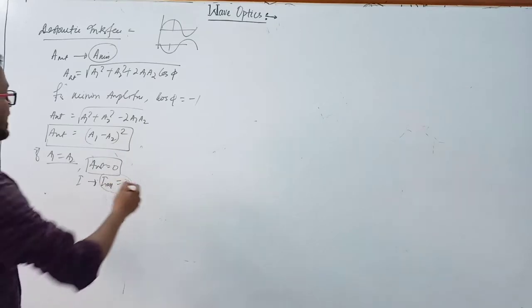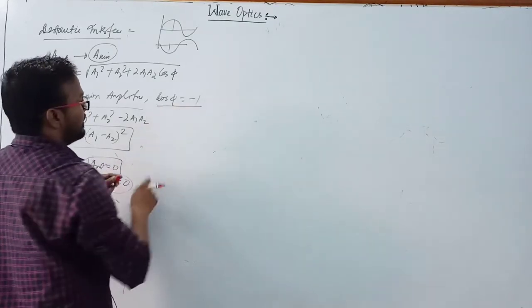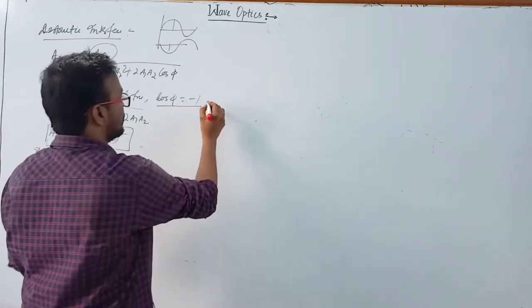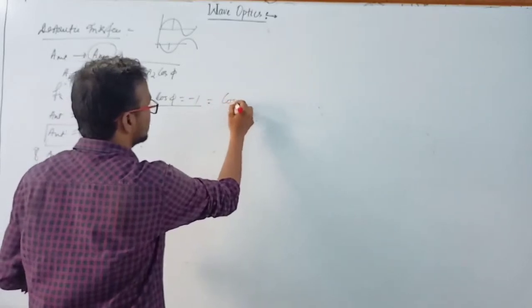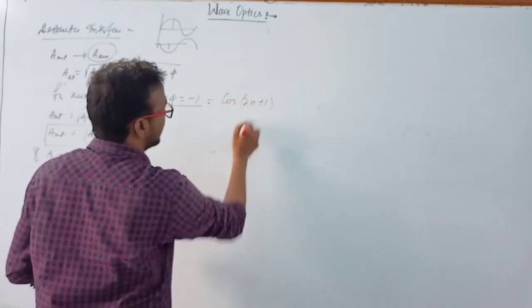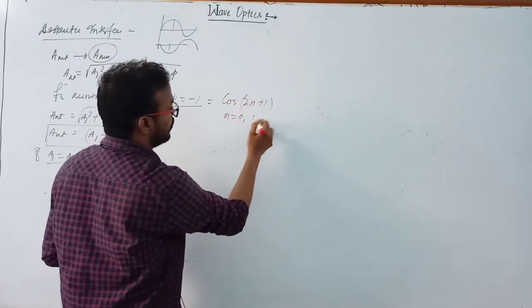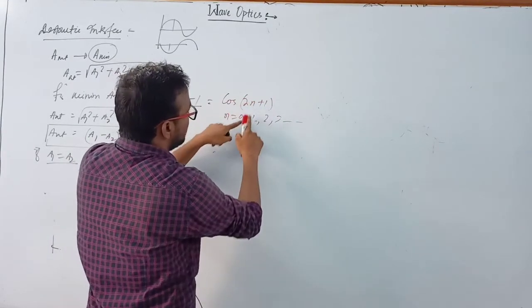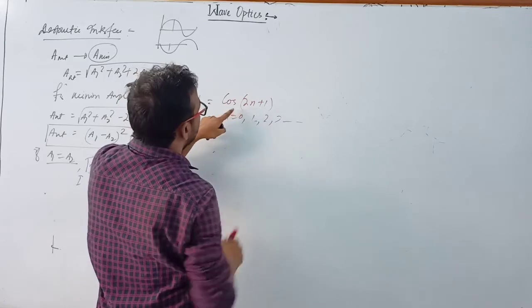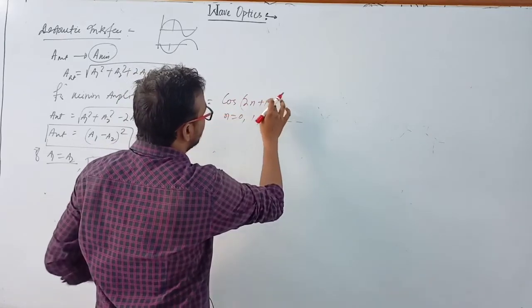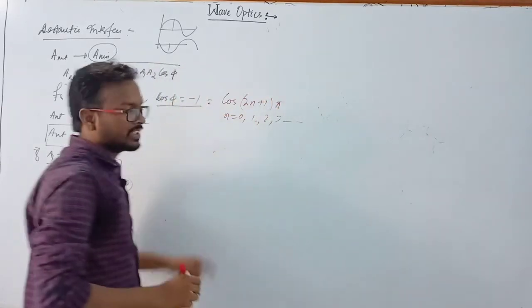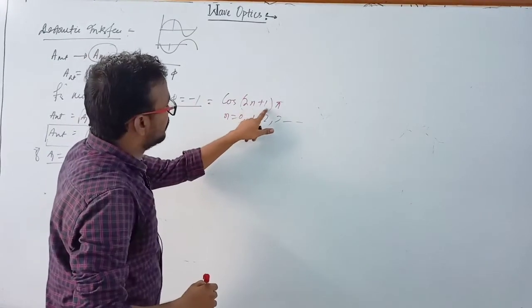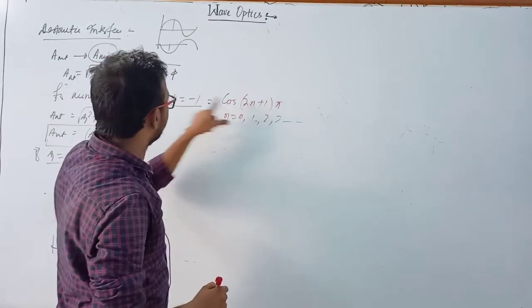So here, if cos phi equals minus 1, we can write phi equals (2n plus 1) pi, where n equals 0, 1, 2 and so on. First n equals 0: (2 times 0 plus 1) pi gives pi, and cos pi equals minus 1.